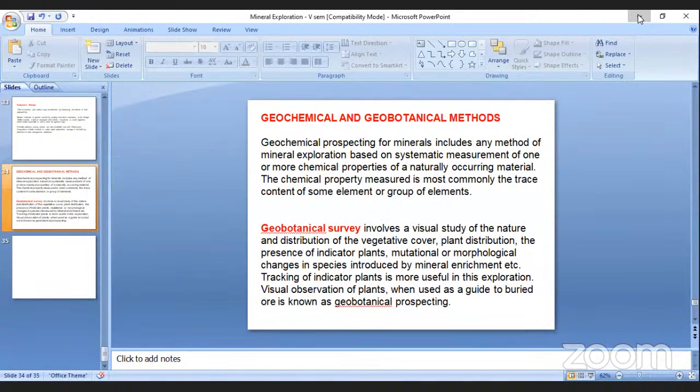like soil, vegetation, meaning plants, sediment material, water, rock, and vapors also.